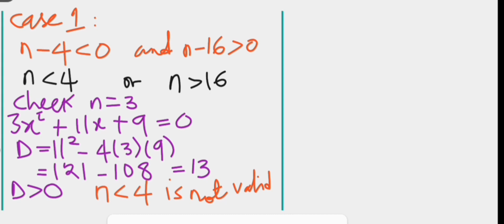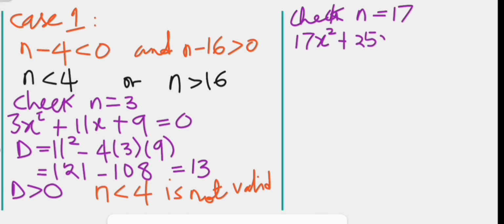The other value is n greater than 16, so we are going to test with a value greater than 16 as well, say 17. Now checking with 17, the original equation becomes 17x squared, that's n squared. Then 17 plus 8 gives 25, that's plus 25x and plus 9 being equal to 0.